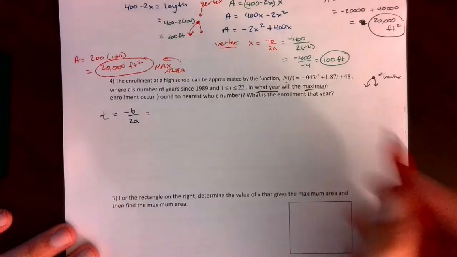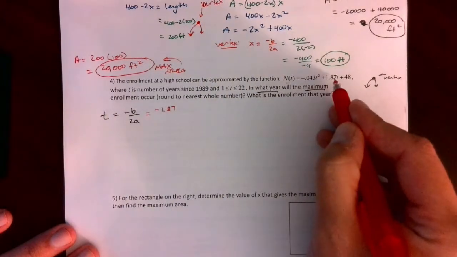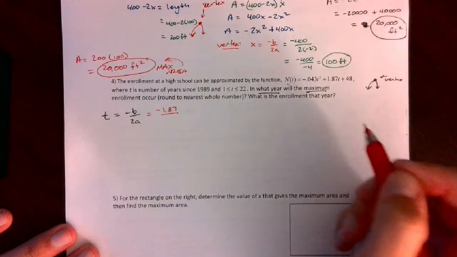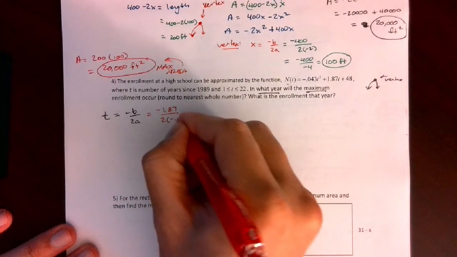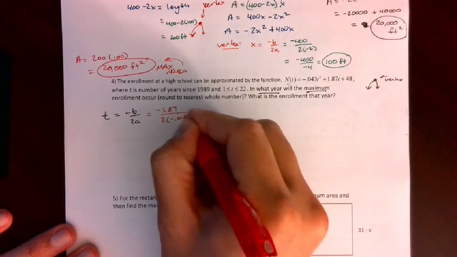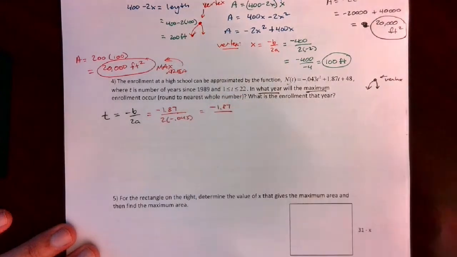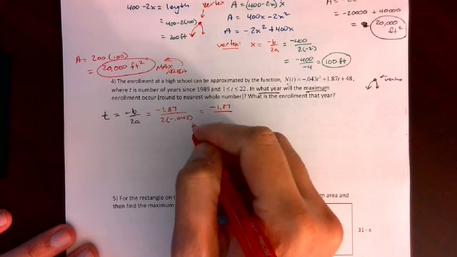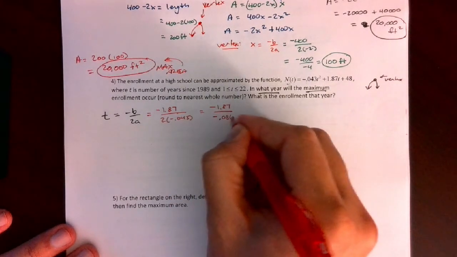Substituting in, negative b is negative 1.87. Remember, that's the middle coefficient. Over 2 times a, 2 times negative 0.043. So it's negative 1.87 over 2 times negative 0.043, which is going to be negative 0.086.